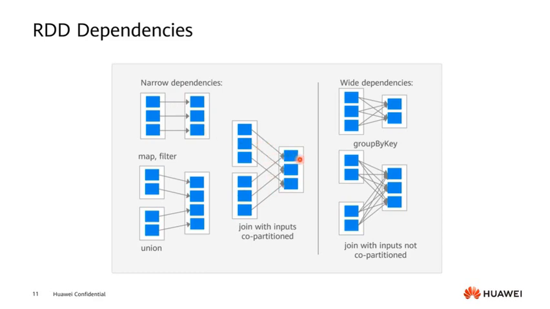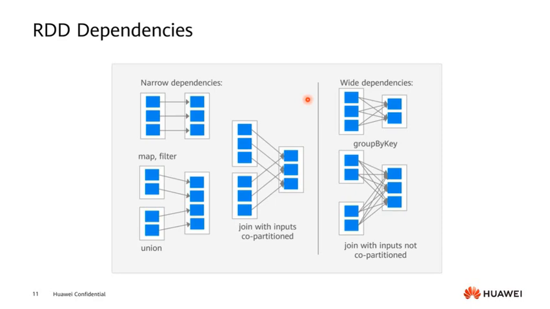By contrast, for wide dependencies, each partition of the parent may be used by multiple child RDD partitions, which is the basis of stage division. So it's one-to-many. The narrow dependency can be seen as a single-child family, and the wide dependency can be seen as a many-children family.